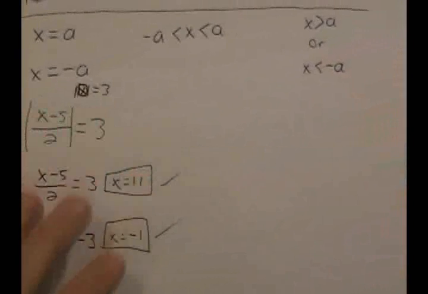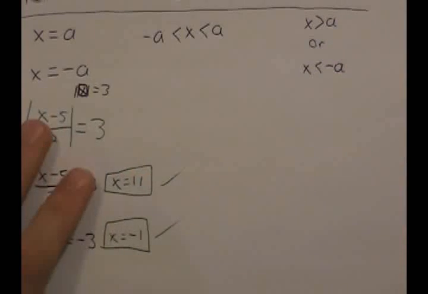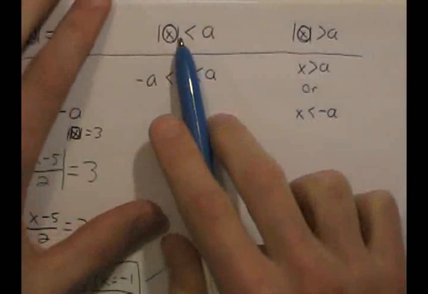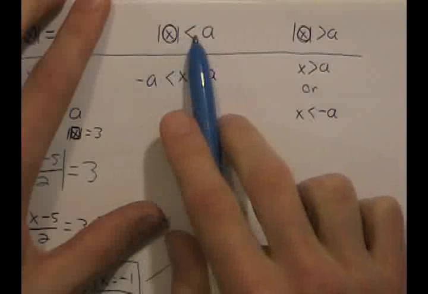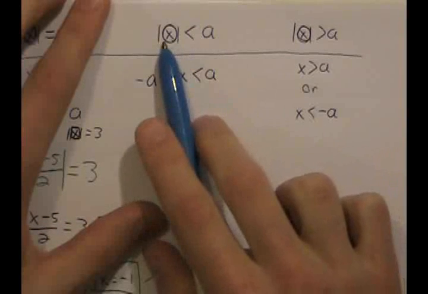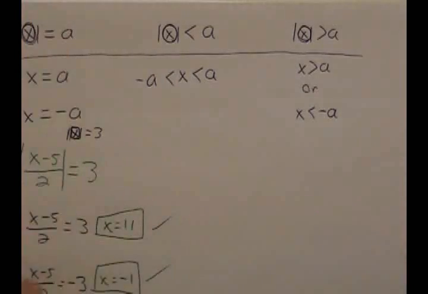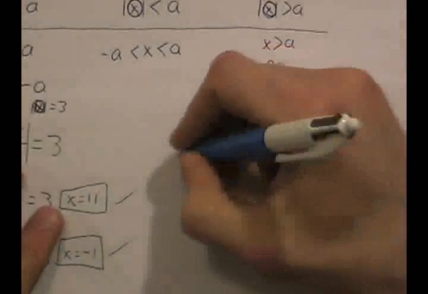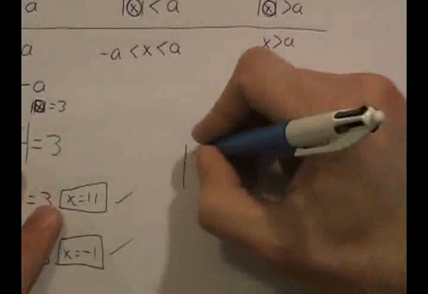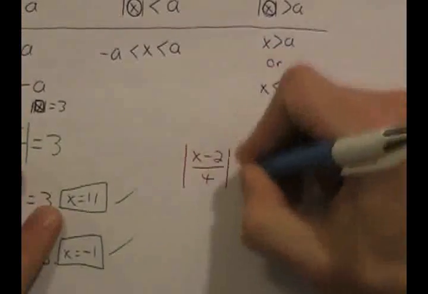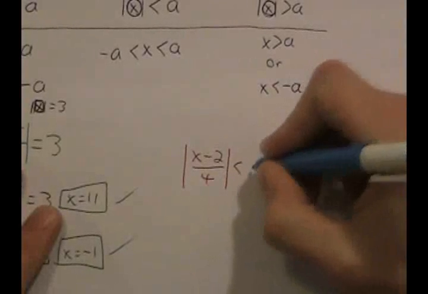Similarly, if you have one of the inequalities, right? If you have the absolute value of whatever is less than some number, you just drop the absolute value bars, sandwich it in between these things, and you're ready to go. For example, if you have absolute value of x minus 2 over 4 is less than, say, 12.